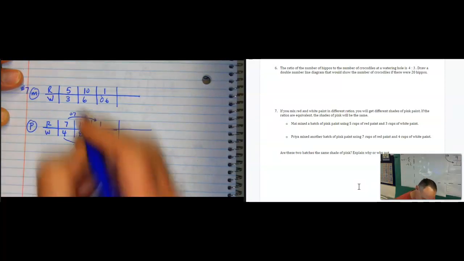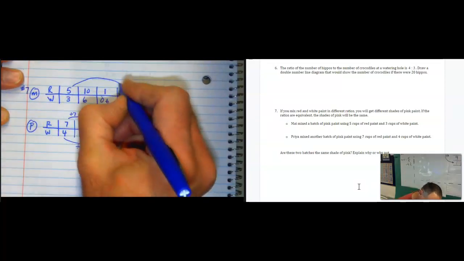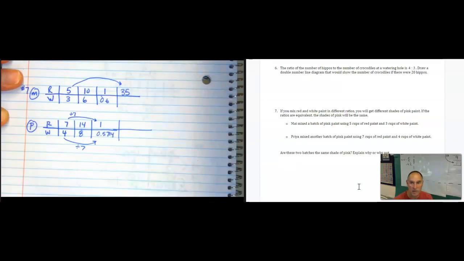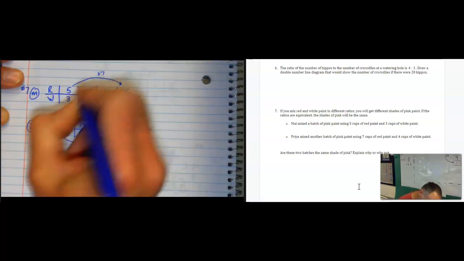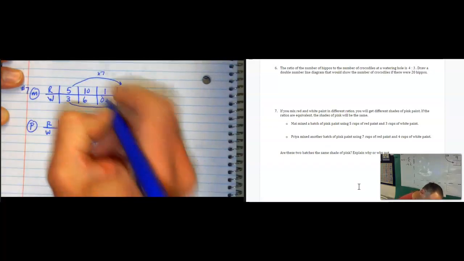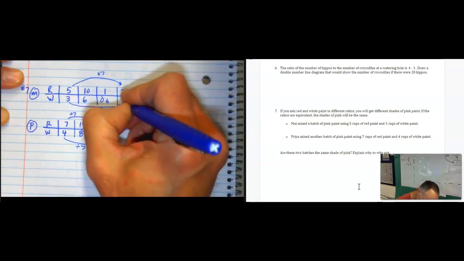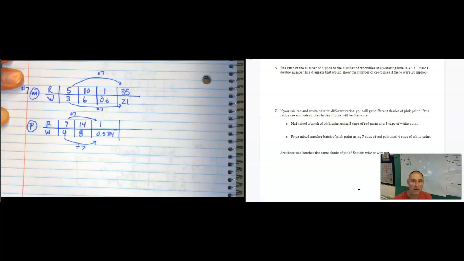So let's say I'm going to bounce this up here. I'm going to say this is going to be 35 cups of red. So that is times 7, which means this gets multiplied by 7. So that gives me 21. So I put in 35 cups of red and 21 cups of white.